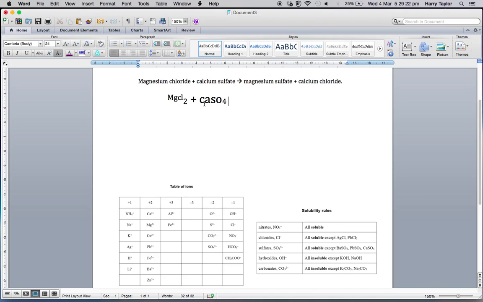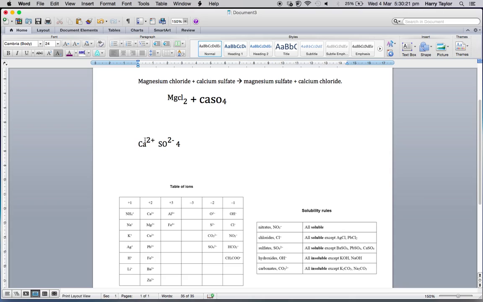So those are those two. The reason that I got the CaSO4 is because calcium is 2 plus, and sulfate, which is SO4, 2 minus.